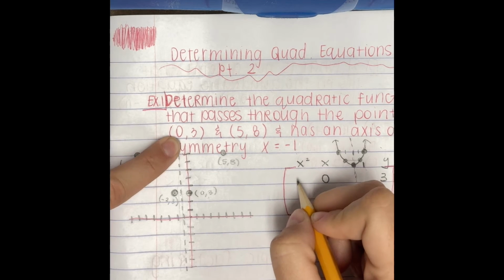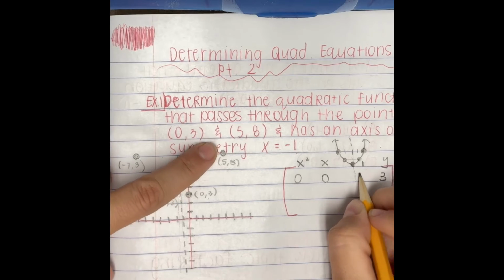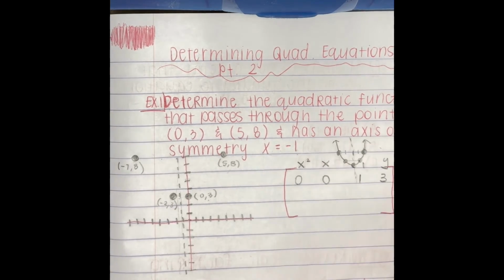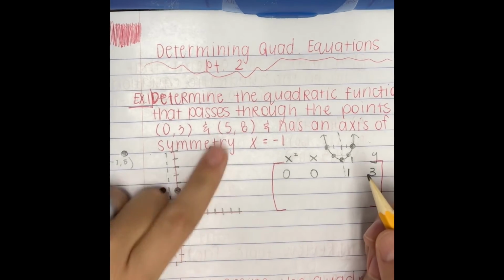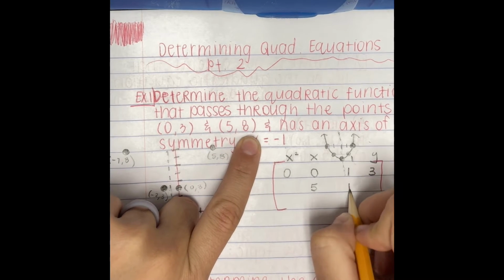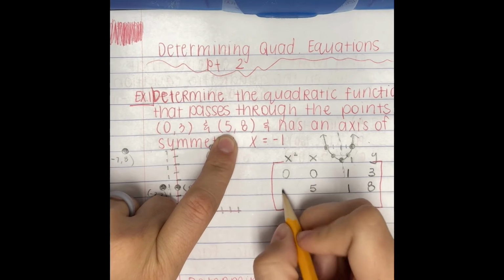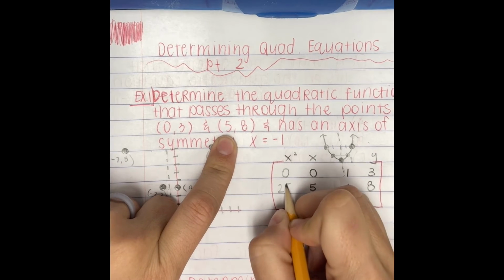My x value 0 squared is just 0, and this column is always 1. Then we get our next point. My x is 5, this column is always 1, and my y is 8. And x squared, 5 squared is 25.